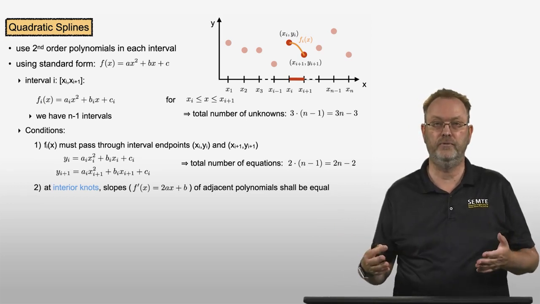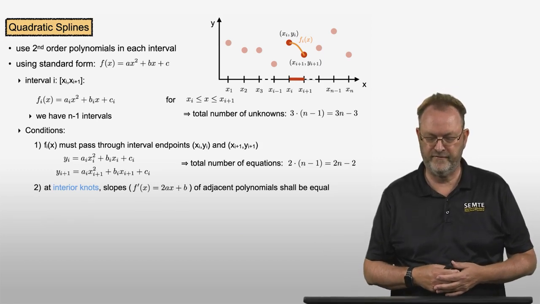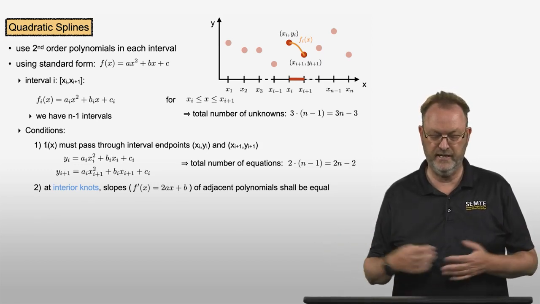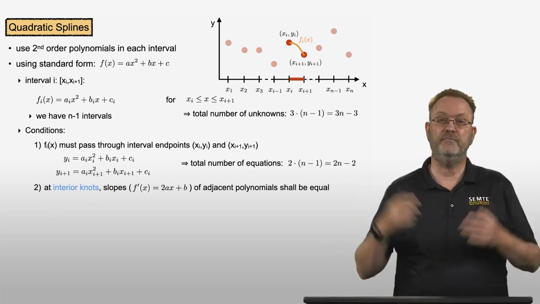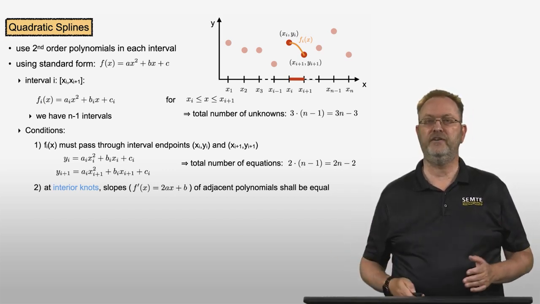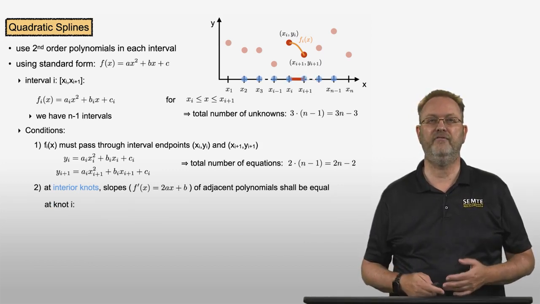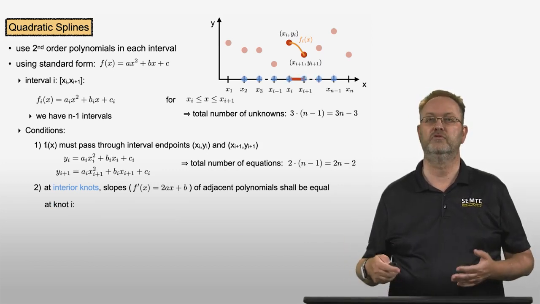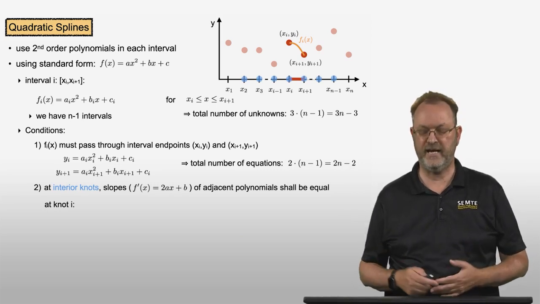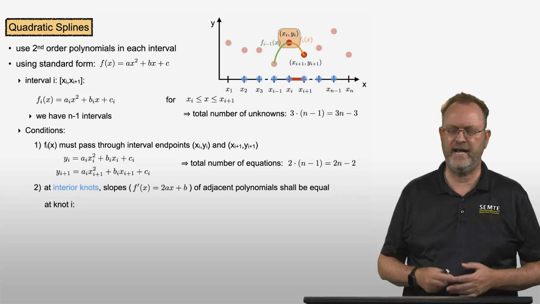the slope, right, the slope is f prime, the first derivative of the quadratic function, which is 2ax plus b, of adjacent polynomials shall be equal. Meaning when 2 functions meet at a knot, they are supposed to have the same slope. So let's look at knot number i, which is the data point xi, yi.